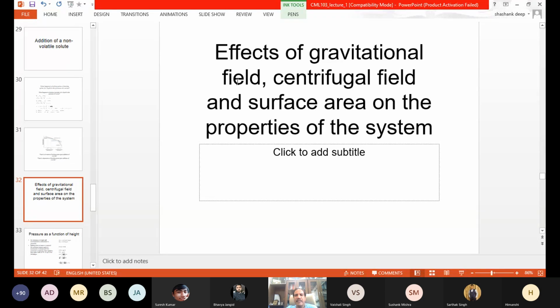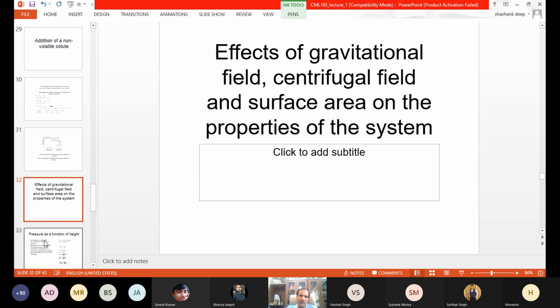In fact, we can also look at the effect of a gravitational field, centrifugal field, or surface area on the property of the system. Here I mean, again, transition temperature or pressure.